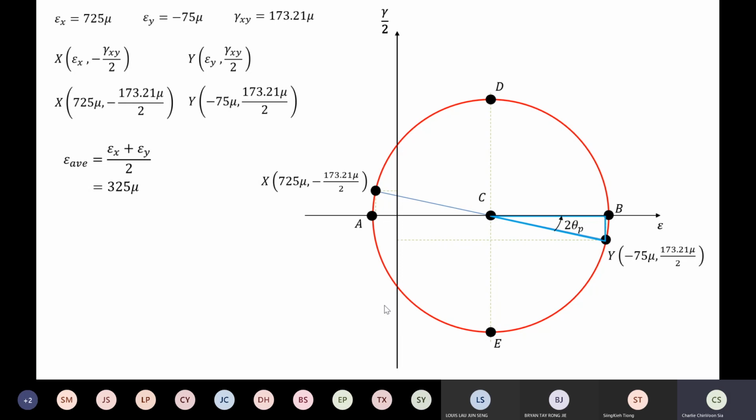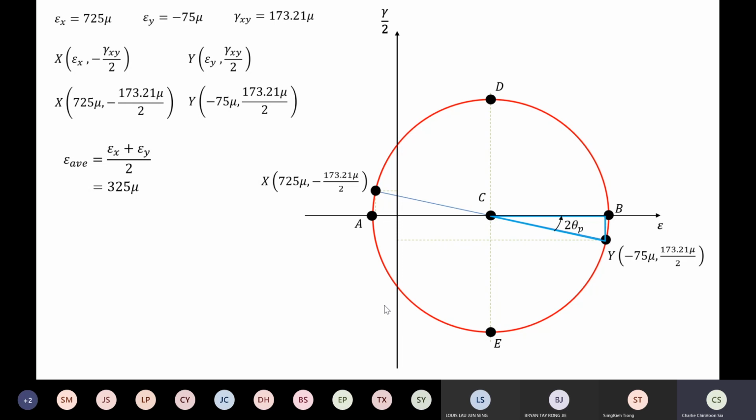You can refer to this triangle, just using this triangle to calculate the 2 theta p. You can practice. Please do keep in mind that the 2 theta p that we calculated from here is just a magnitude, the value, without a negative or positive.